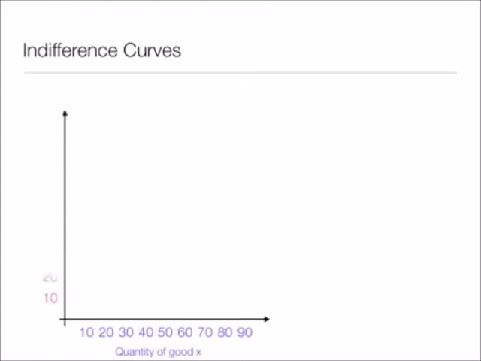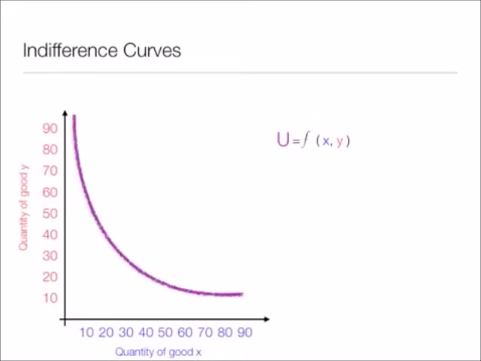So in indifference curves, let me put some numbers here at the bottom. Quantity of good x. And on the y-axis, we have quantity of good y. Again, utility is defined as some function of x and y, some type of combination of those two goods. The indifference curve is the purple line there. It's downward sloping.